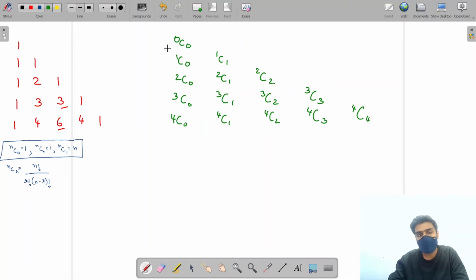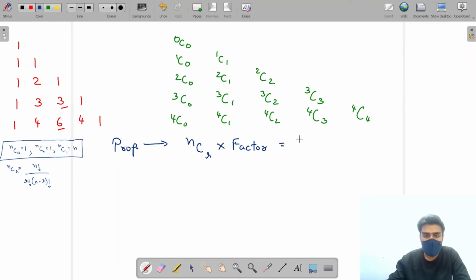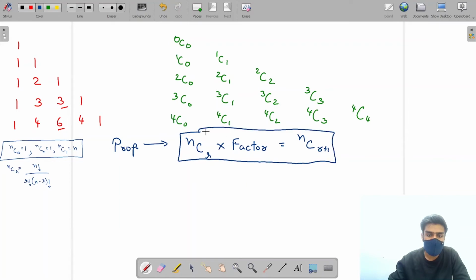Alright, so there is a property of this combination. The property is, if I have NCR and I multiply a factor inside it, we get NCR plus 1.